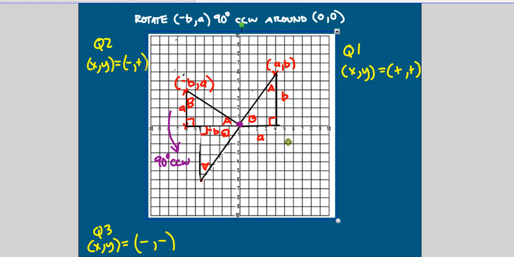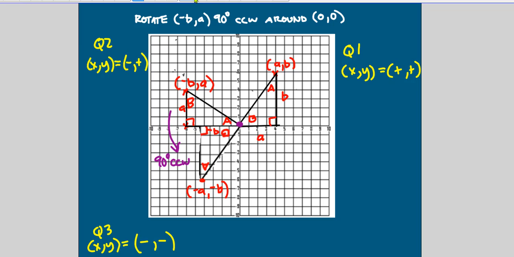So now, A plus B, they're complementary, so you know this is 90 degrees again. This is the hypotenuse of the triangle, and this is the hypotenuse of the triangle, so they're congruent. So my new 90-degree rotated point is right here, and the coordinates here are going to be negative A, negative B.